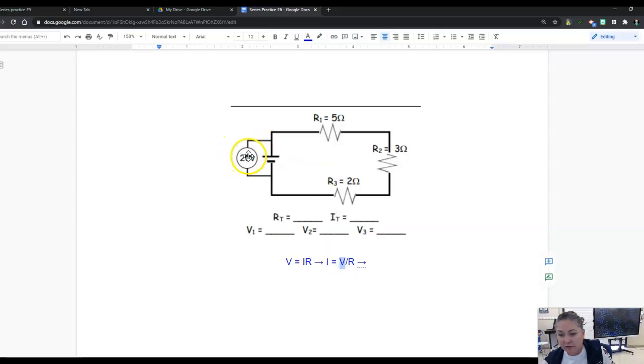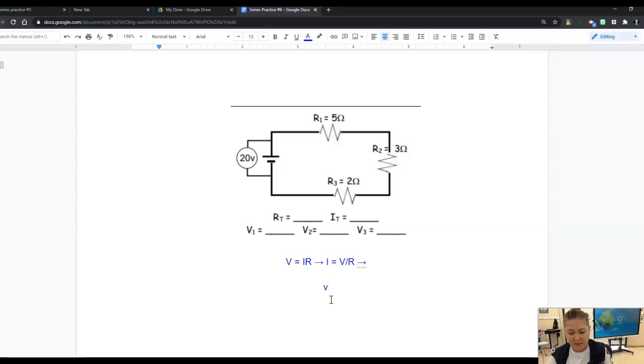It's going to be 20 volts. And then R right here is going to be whatever you got here, so 5 plus 3 plus 2 is 10. You have to add it together because you want the total. So 20 volts divided by 10 ohms, you should get 2 for your amps. That'll give you IT, 2 amps. Make sure you put the right notation, A.